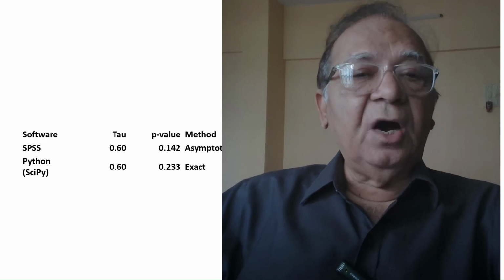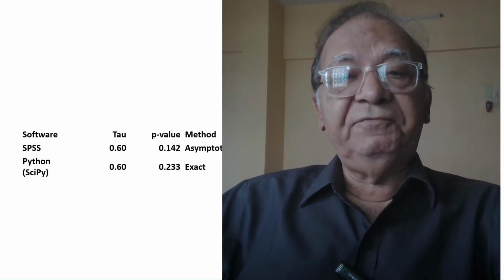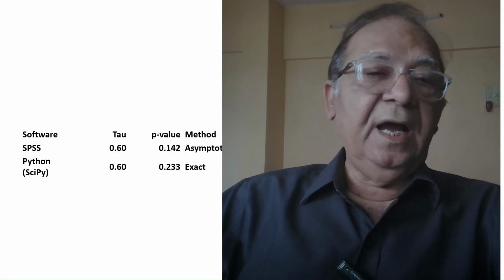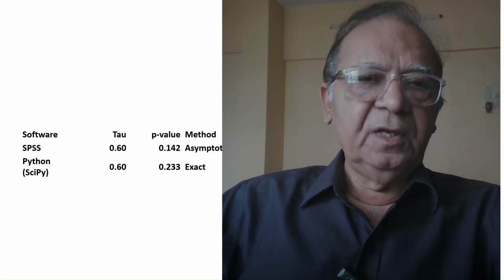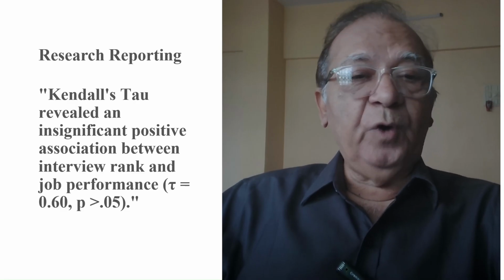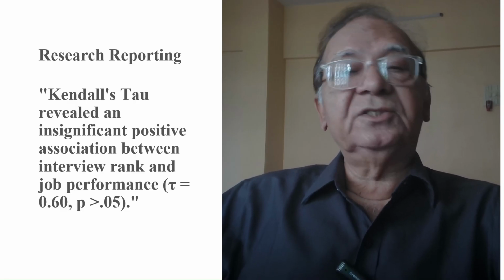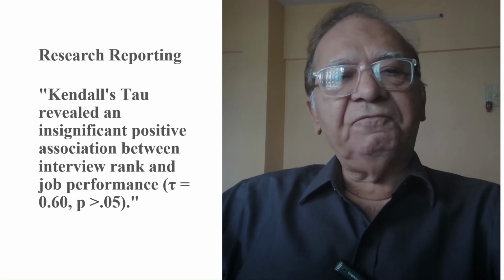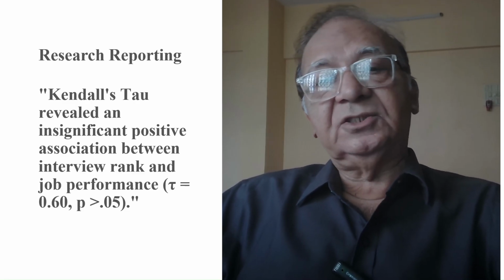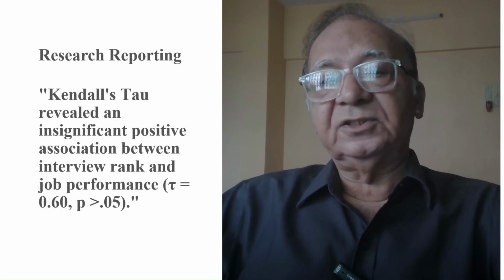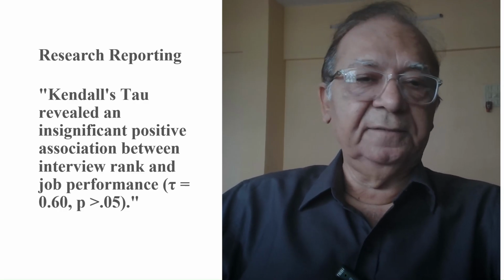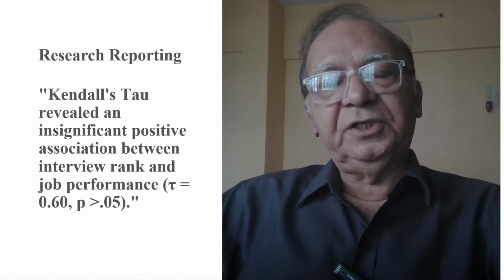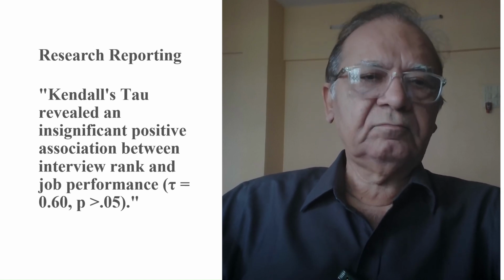The Kendall's Tau revealed an insignificant positive association between interview rank and job performance. Tau is equal to 0.60 and p is greater than 0.05. This is the standard format for reporting Kendall's Tau in a thesis, dissertation, or journal article. Always report both the Tau coefficient and the p-value.